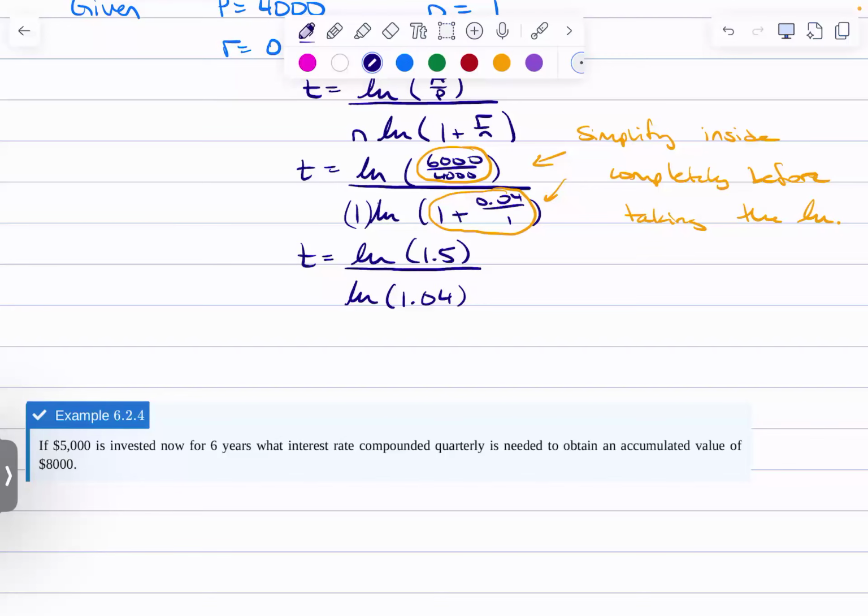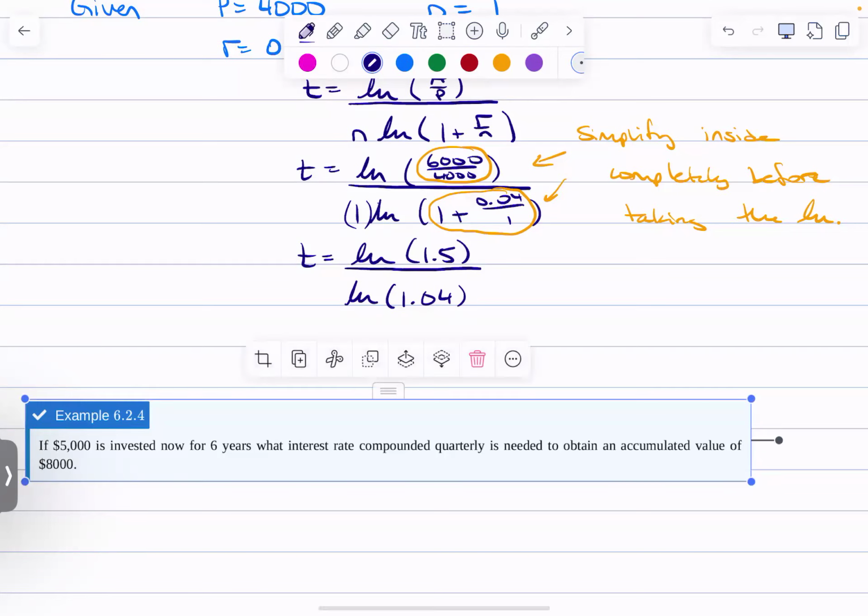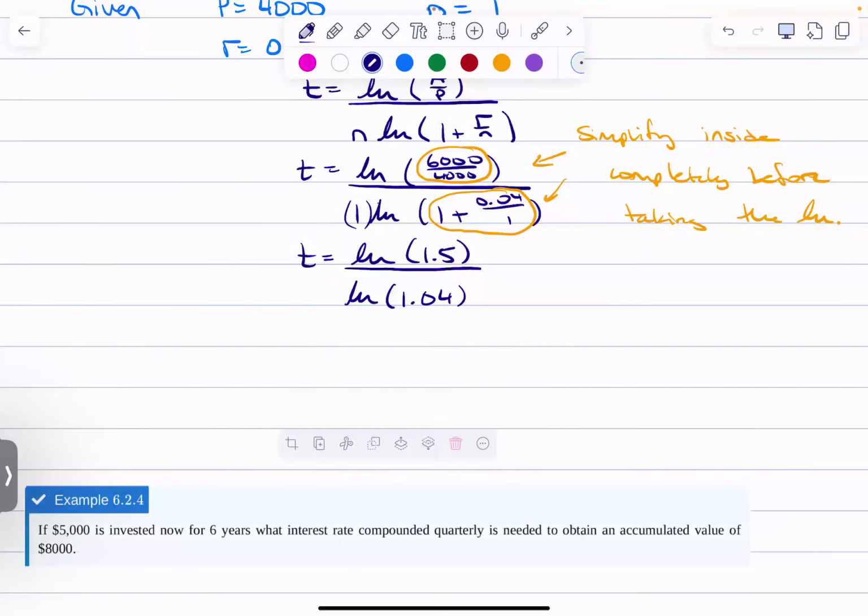So now I have the ln of 1.5 divided by the ln of 1.04. Just so you can make sure that you have tamed your calculator, I'll write out what each of the ln's should be, but you're allowed to just skip to the end if you want. I find it's easier to work with a lot of calculators by just forcing it in.